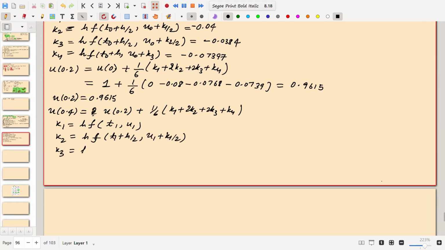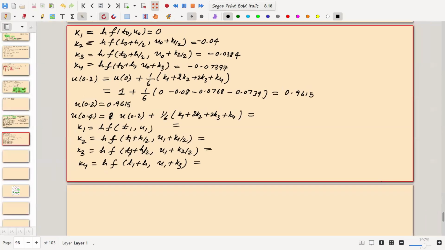K3 equals h times f of t1 plus h by 2, u1 plus k2 by 2. K4 equals h into f of t1 plus h, u1 plus k3. So what is each of these values? Then we can find u at 0.4. We got this. Now we want to find u at 0.4. Can you do that? Tell me.